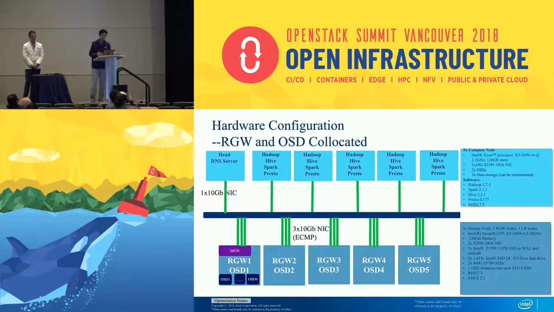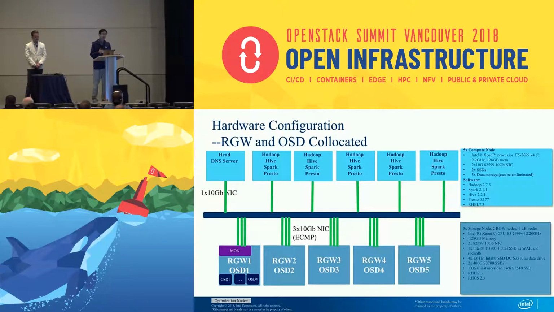Then we're trying to do more improvements for this architecture. With more Redis gateways, obviously you can improve the performance, but the TCO is also going to increase. So we're trying to co-locate the Redis gateway with OSD. You can see from this picture, the accessing tier is gone, and we are now using co-located Redis gateway with OSD servers. Each OSD server is deployed with a Redis gateway, and the network is specially configured with multipath, actually.